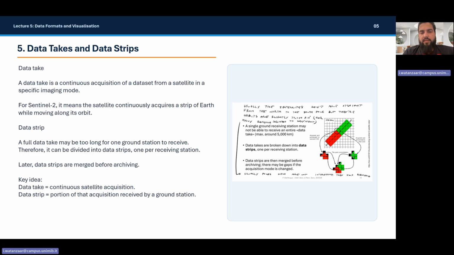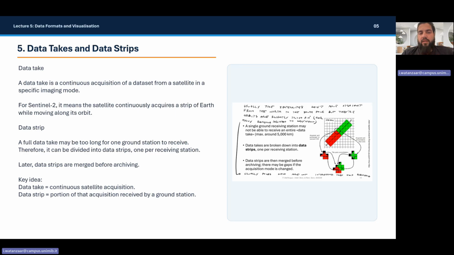But what exactly is a data stripe? A full data take may be too long for one ground station to receive. As we discussed for the ground, it can be received as a single file or multiple files. So receiving the complete data take at one ground station is difficult.